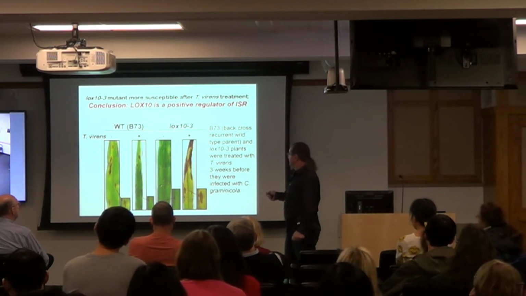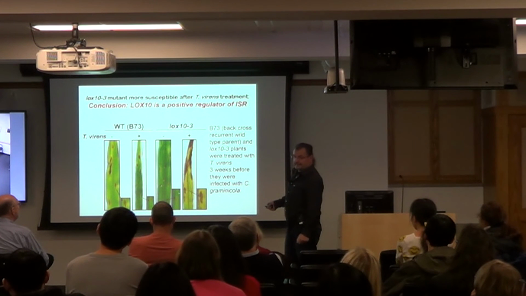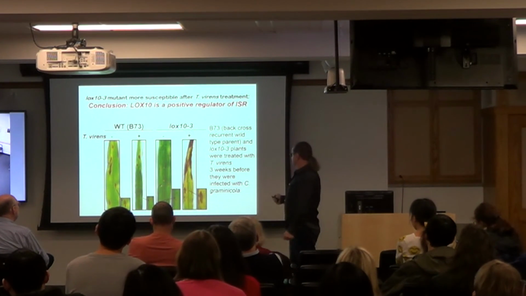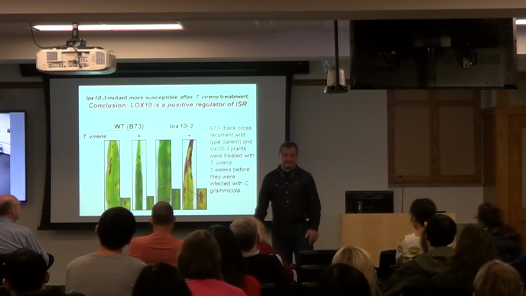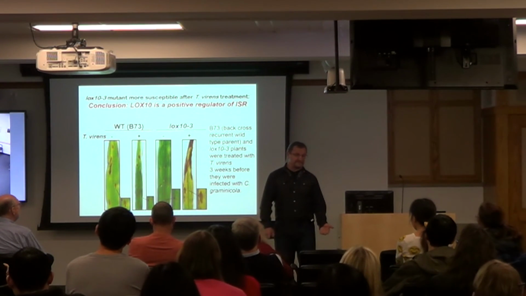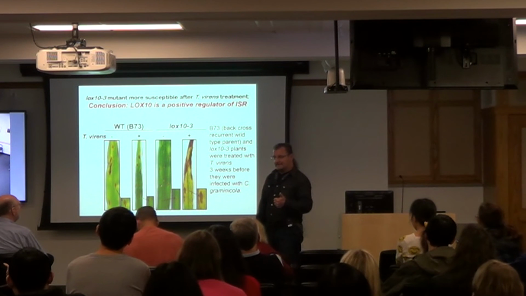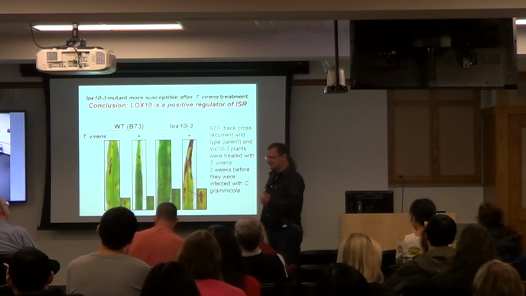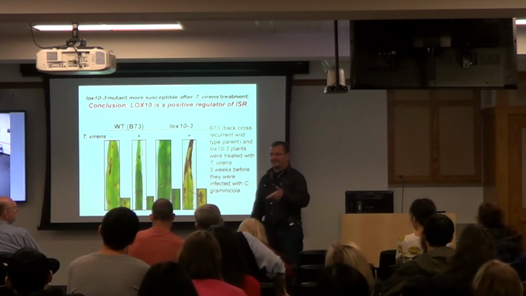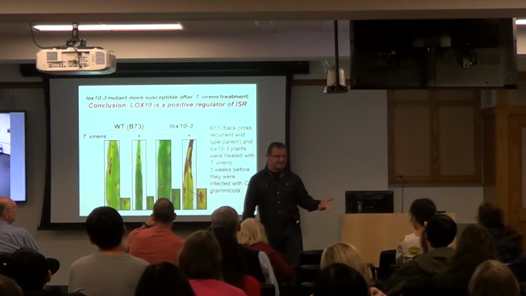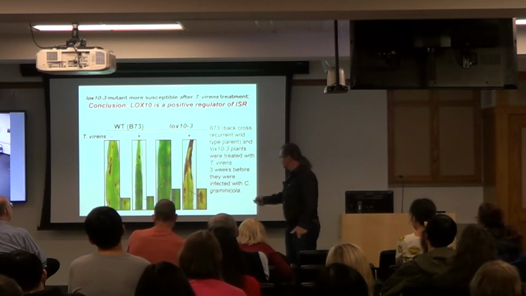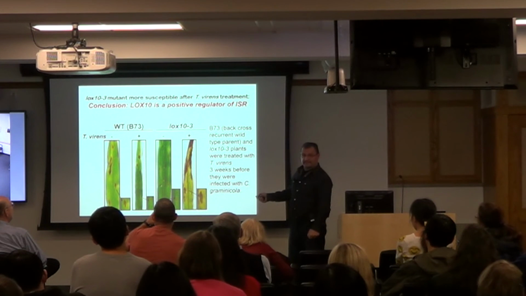But immediately after you treat LOX10 mutants with Trichoderma, these plants all of a sudden become completely susceptible to Colletotrichum infection. Not only have they lost induced systemic resistance, they gain an interesting phenotype. I call it induced systemic susceptibility. Because remember, these plants are resistant without Trichoderma.